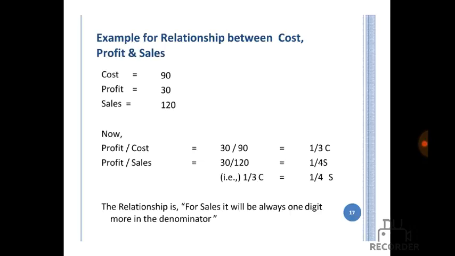That is, 1 by 3 on cost is equal to 1 by 4 on sales. For sales, the denominator will always be one more than for cost. That is, 1 by 3 is cost and 1 by 4 is sales.